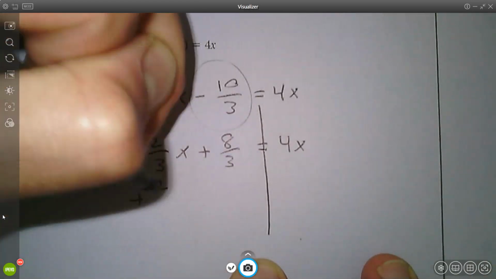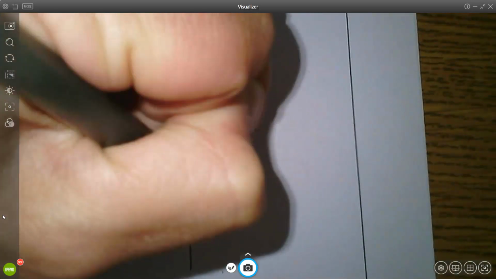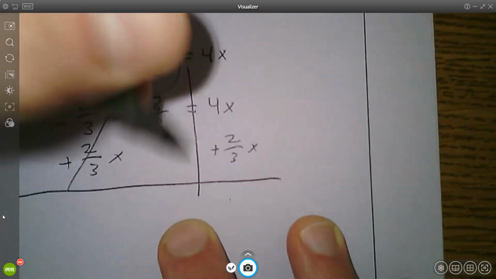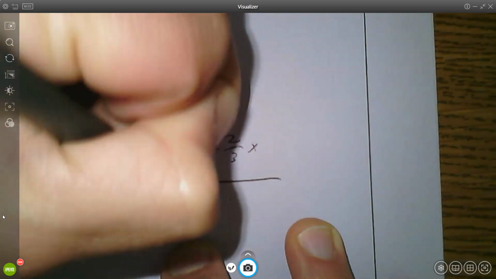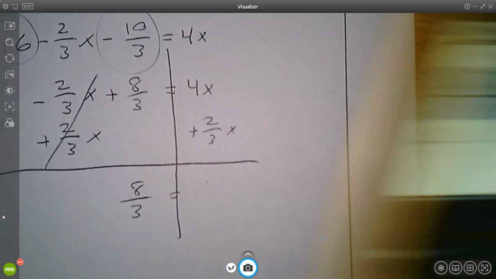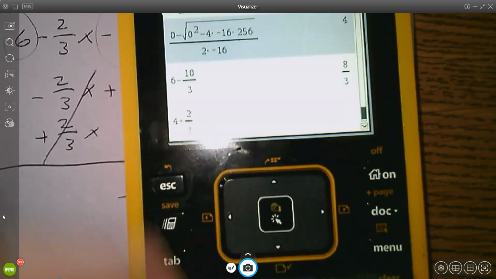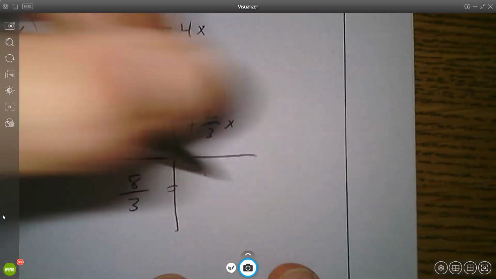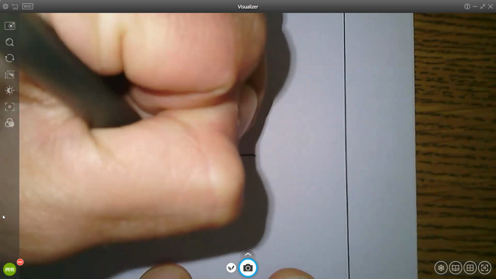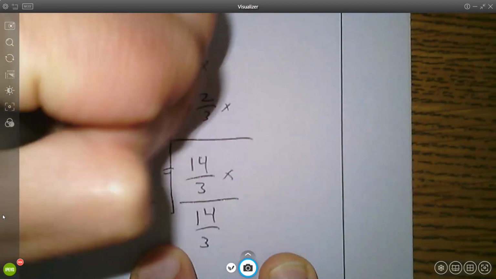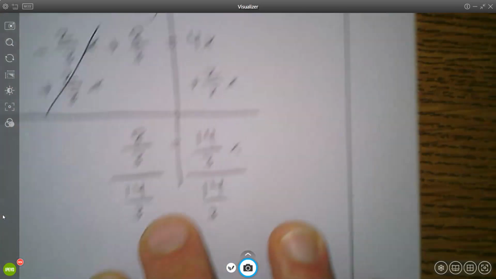Get the x on the other side, so if I add 2/3 x, add 2/3 x, that's 0. 8/3 equals 4 plus 2/3, 14/3. So divide by 14/3, divide by 14/3.